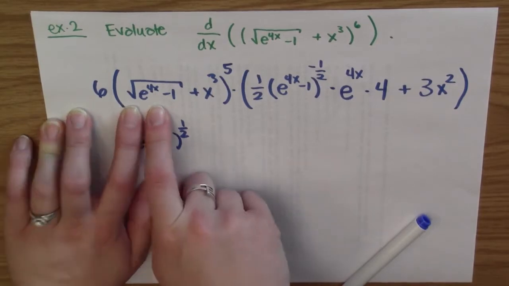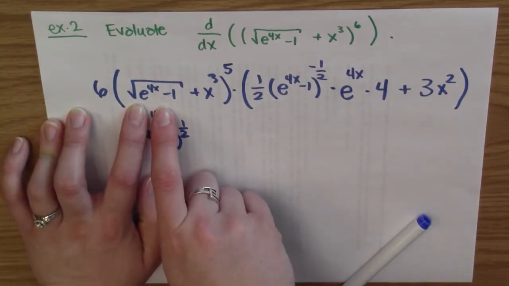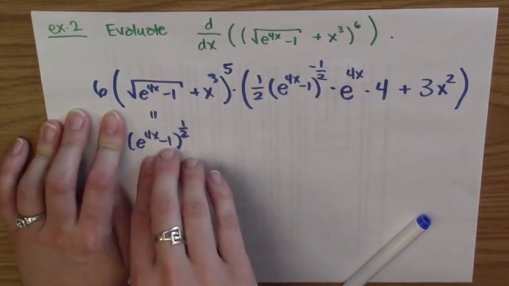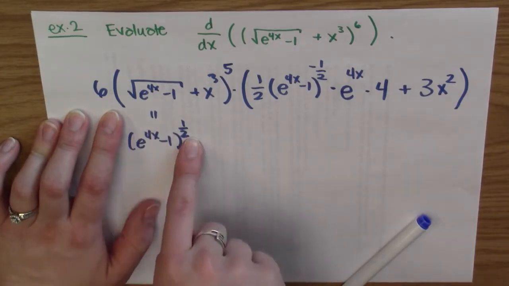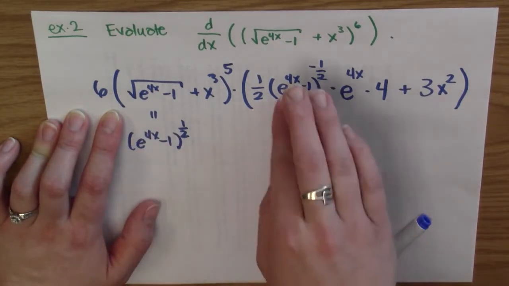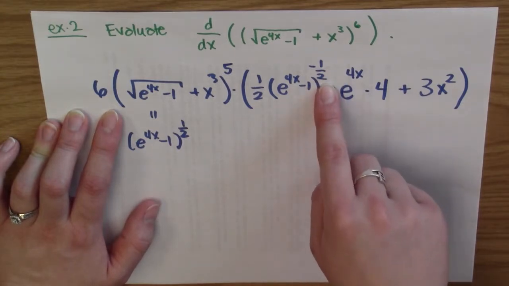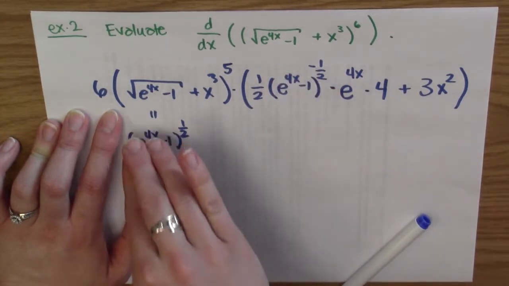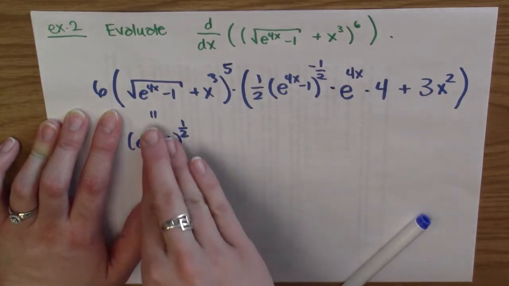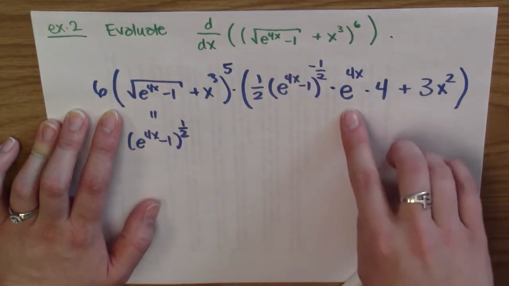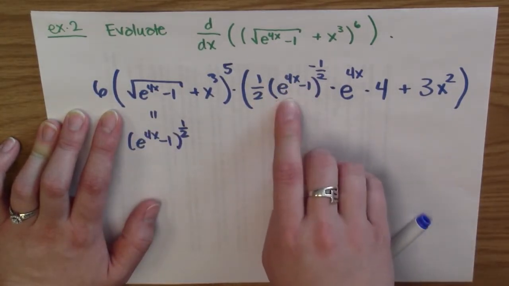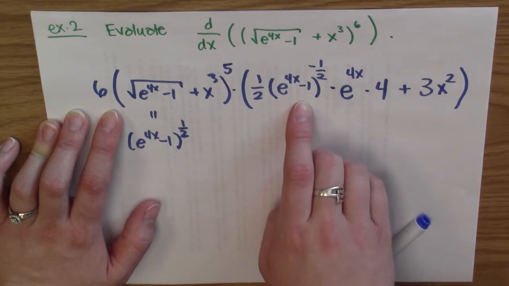So then I'm worried about this function, e to the 4x minus 1 to the 1/2 power. Again, I have some blob raised to the 1/2 power, which means I take 1/2 times the blob to the negative 1/2 power, right? Subtracted 1 from my exponent. But I still have a blob on the inside, so I have to keep going and figure out what is the derivative. Well, the inside function is e to the 4x minus 1, and so again I can use the sum rule.